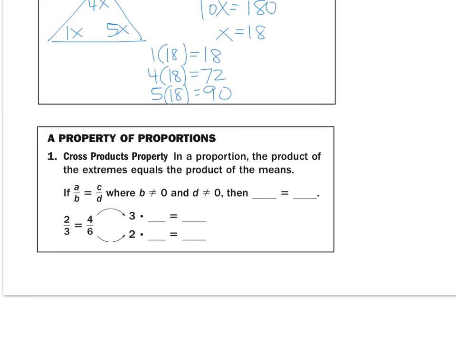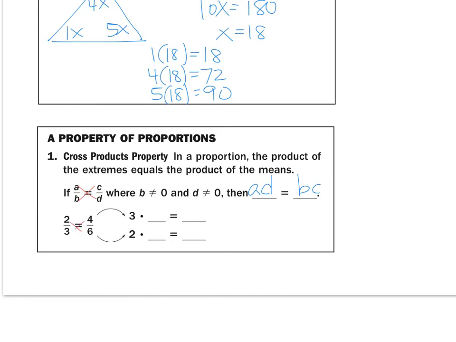We have properties of proportions. First one is the cross products property, where if we have the proportion of A over B equals C over D, where B and D do not equal 0, then the cross products are equal. AD equals BC. So this proportion is two equivalent ratios.